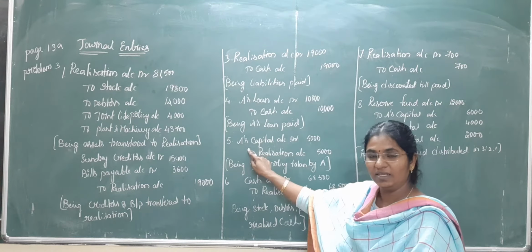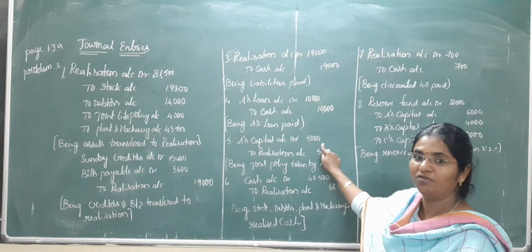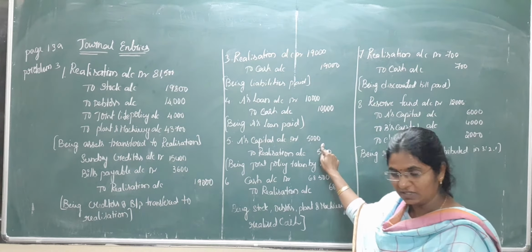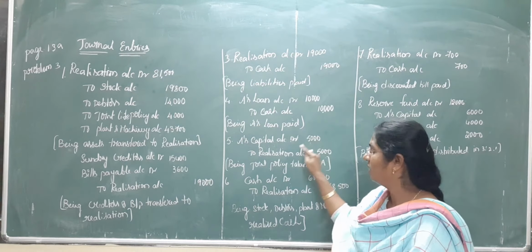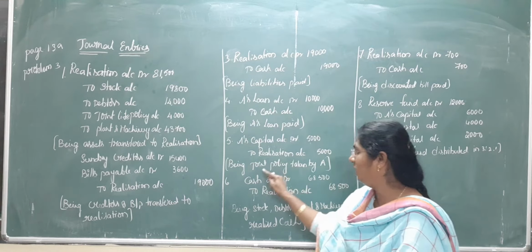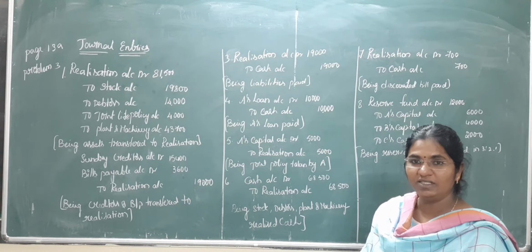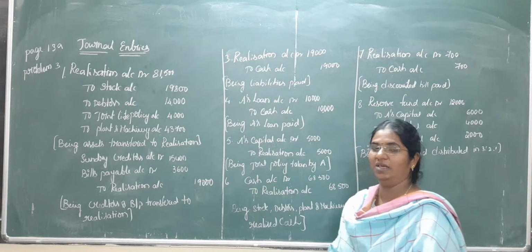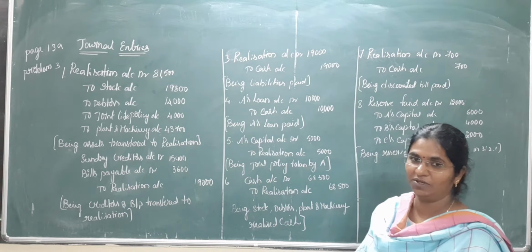So A has taken the joint life policy with an amount of 5,000. The journal entry is A's capital account debit to realization account 5,000, being joint life policy taken over by A. So you are going to show it in A's capital account.